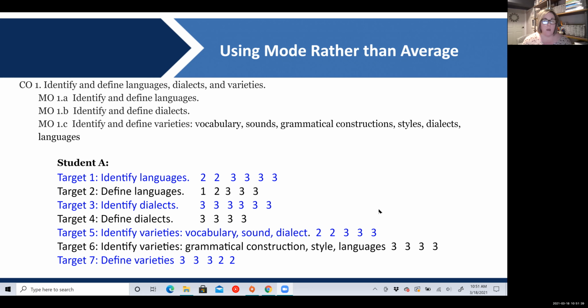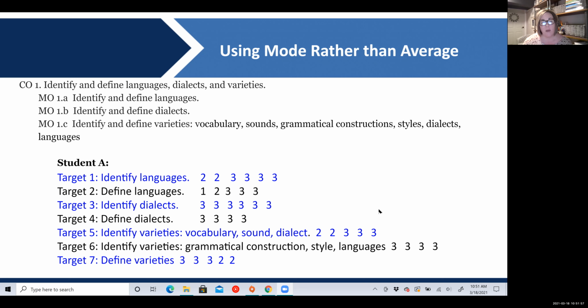Why would we punish a learner for being a beginner by averaging in their first attempts with their most recent attempts? When we use mode rather than average, we make a far more equitable assessment of student progress.